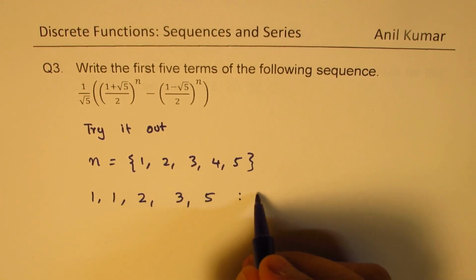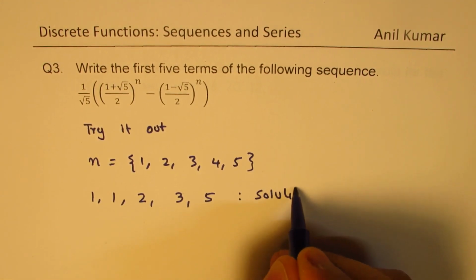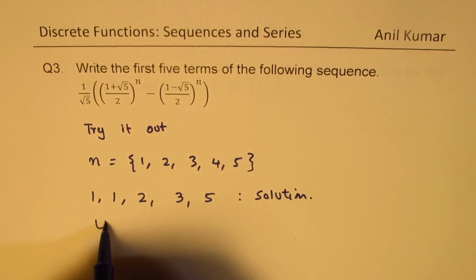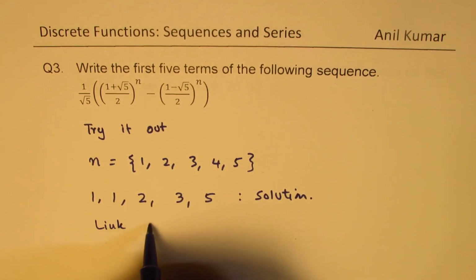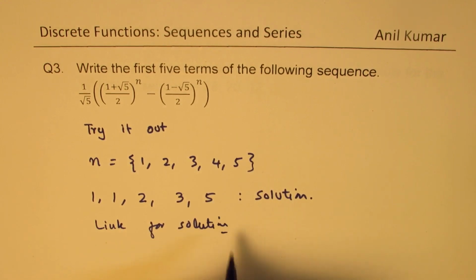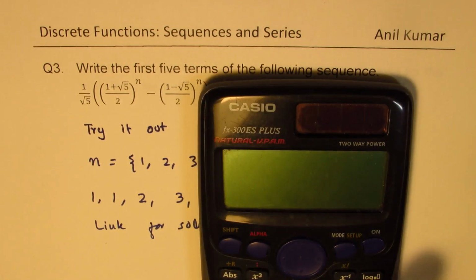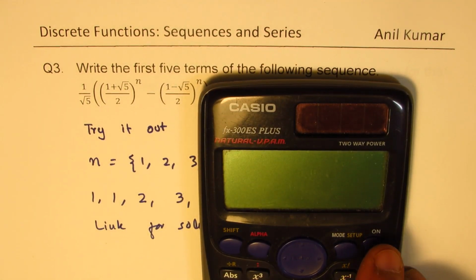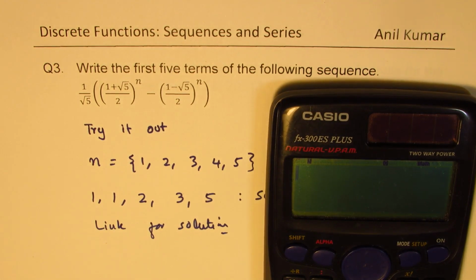That is your answer. That's the solution. I'll provide you with a link for the solution. Is that clear? For this particular question, I would like you to use the calculator. Now that is the Fibonacci series.